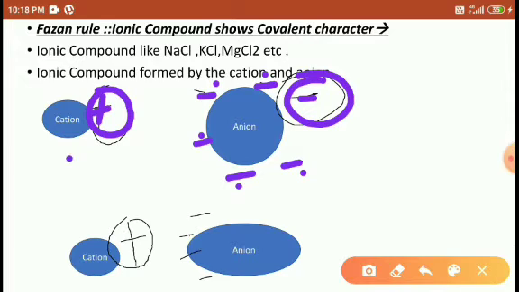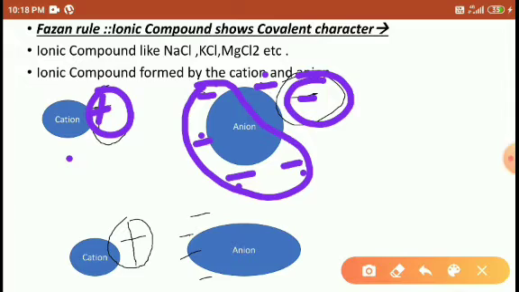When cations and anions come close to each other, these 4 electrons are slightly shifted to one end, like this. These 4 are attracted toward the cation.